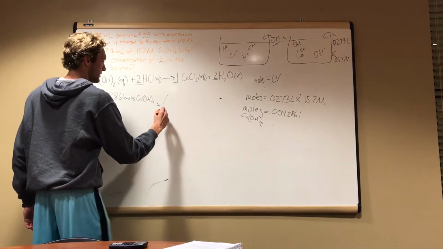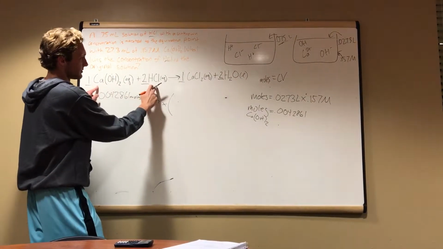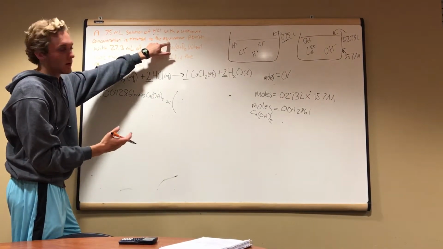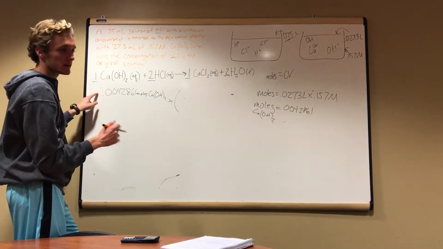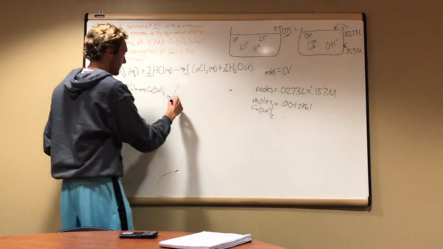We're going to want to multiply that by our stoichiometry in order to convert moles of this into moles of this. And we can do that because we're at the equivalence point, which means they're both used up entirely. So however many moles of this has to directly relate to how many moles of this we have.